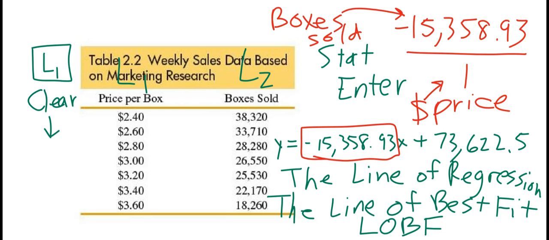As the price of the box goes up by $1, we sell 15,358.93 fewer boxes. Each dollar we raise this thing really reduces our sales.